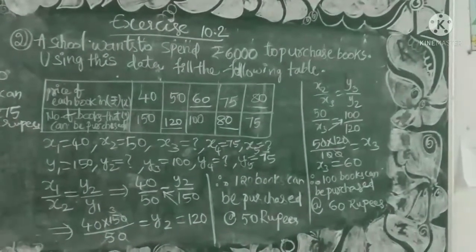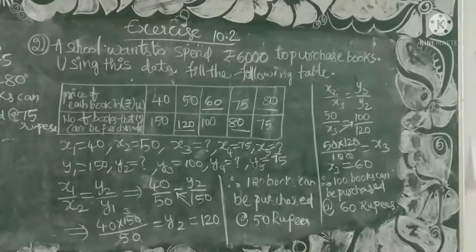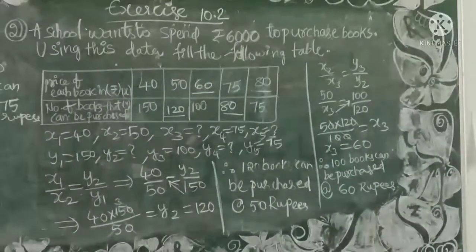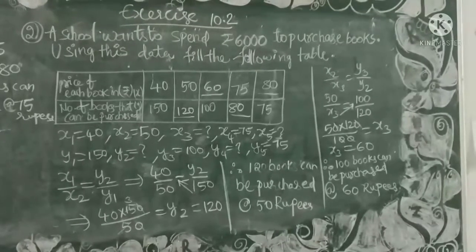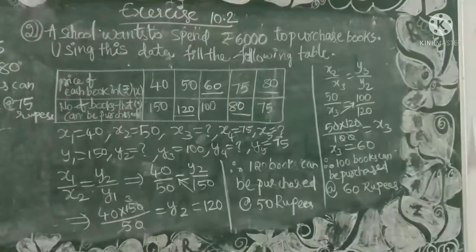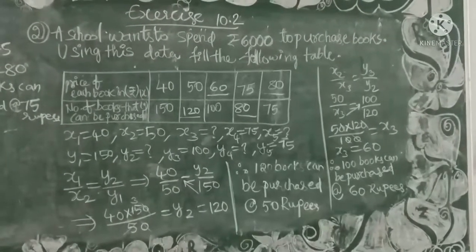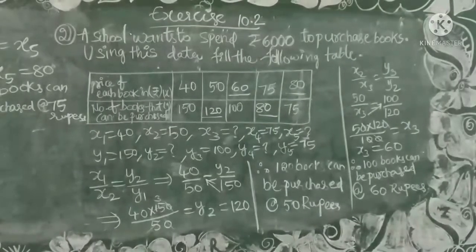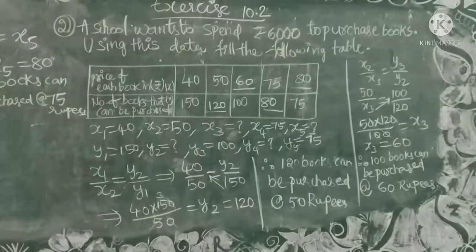Second problem of exercise 10.2. A school wants to spend rupees 6,000 to purchase books. Using this data, fill the following table. Here the price of the book is given as 40, 50, and then blanks, and then 75, then blank. Number of books that can be purchased: in the first case 150, second blank, third 100, fourth blank, fifth 75.